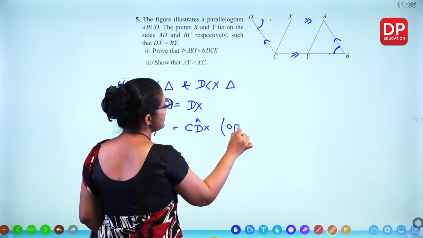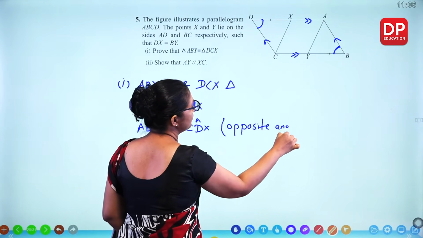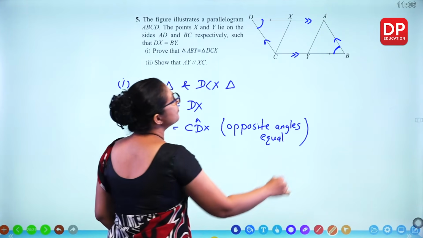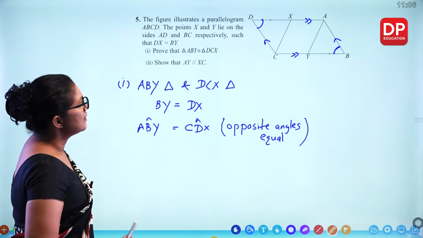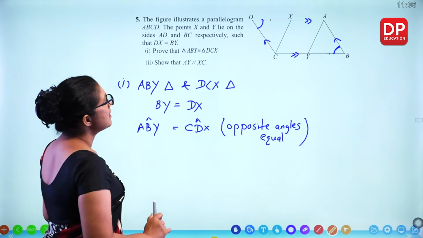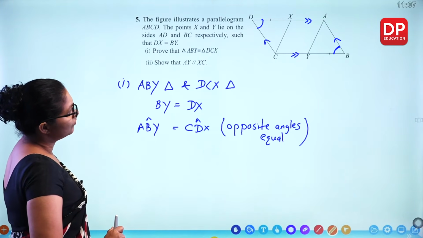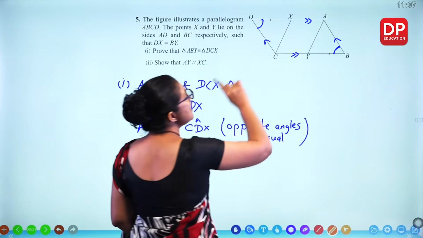That's opposite angles are equal. We have two angles equal, and what else we know? ABCD is a parallelogram.